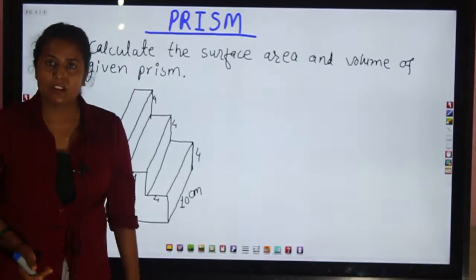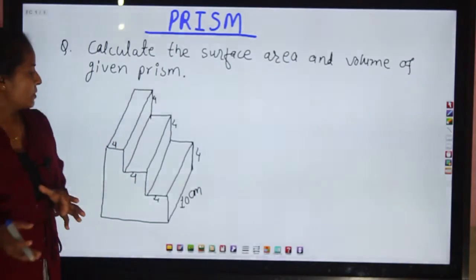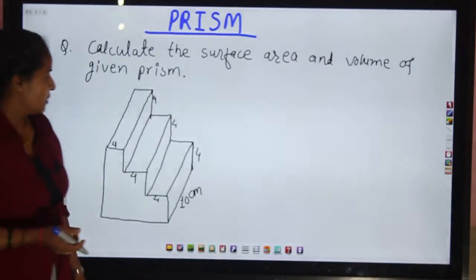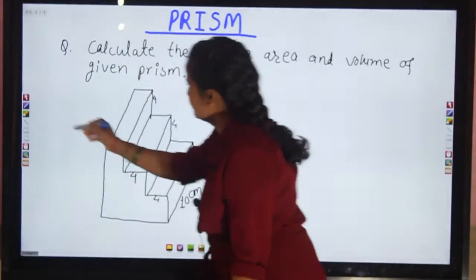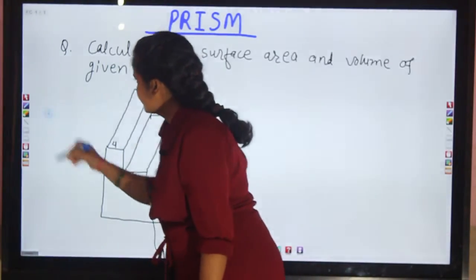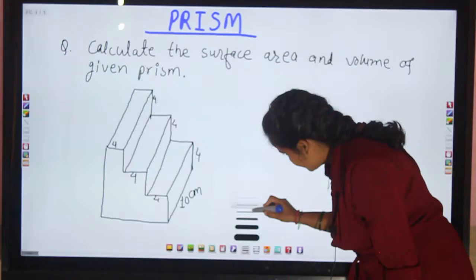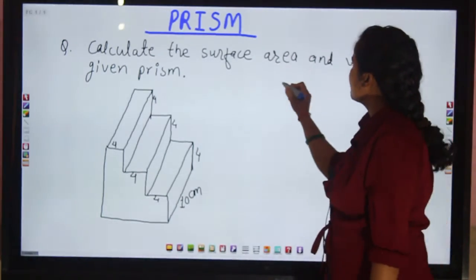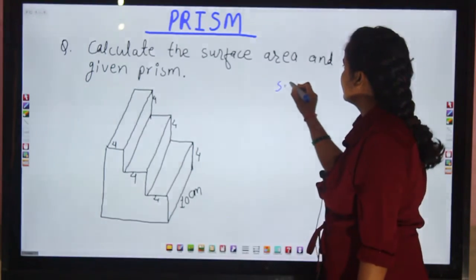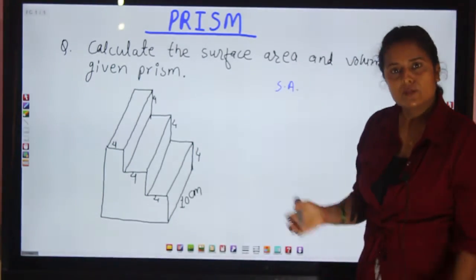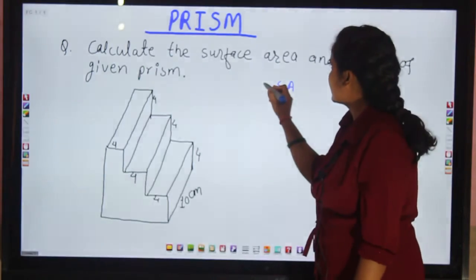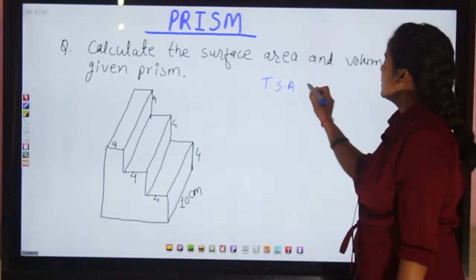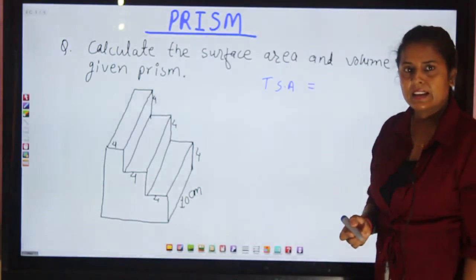First of all, let's make up how to find the surface area and volume. To find the surface area, you have to understand it's the total surface area. So how to find the total surface area?